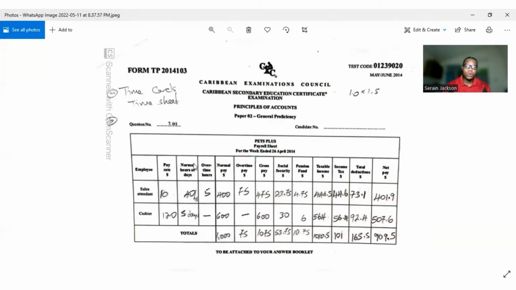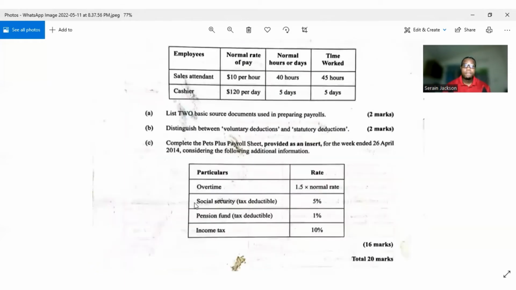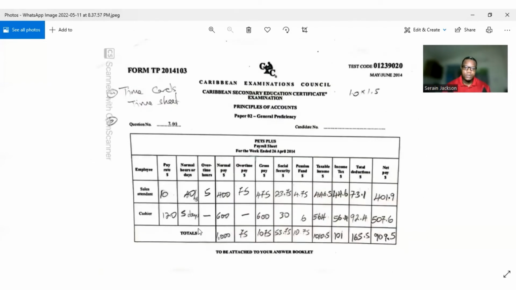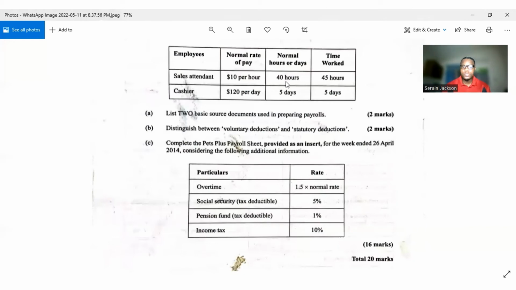Then you have the normal hours or days that are worked. They give you that information already. See it here, normal hours or days: 40 for the sales attendant, 5 days for the cashier, and you put that in right there. Then you have the overtime hours that are worked. As was said earlier, the sales attendant worked 5 hours overtime.